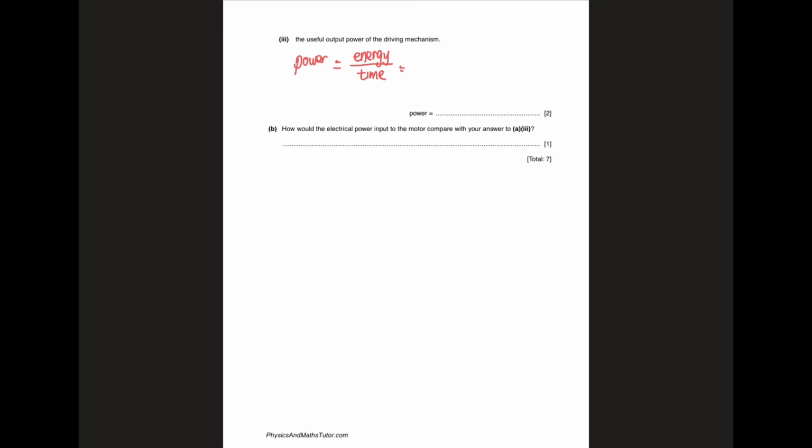The useful energy here is the gravitational potential energy, because the energy is used to raise the cable car. So the energy here is the GPE, which is the previous answer, 100 joule. The time is 40 seconds. So 100 divided by 40, then you get 2.5 watt.